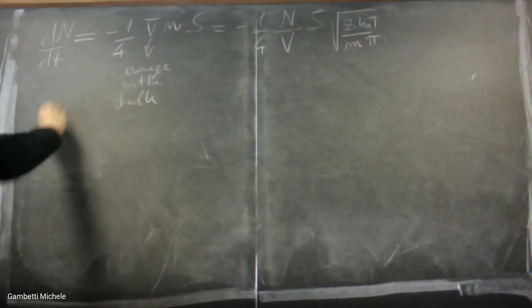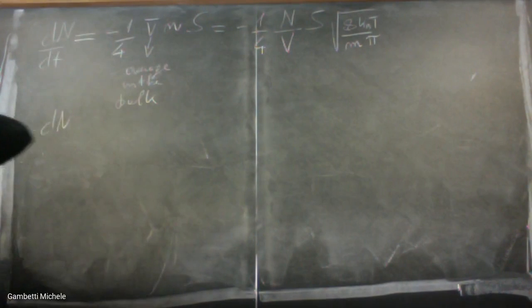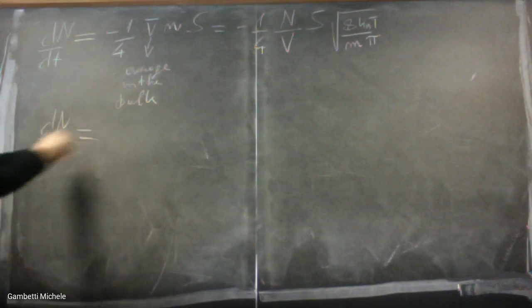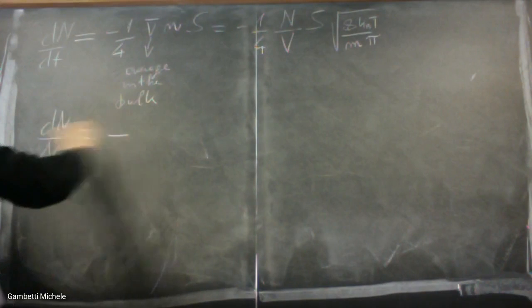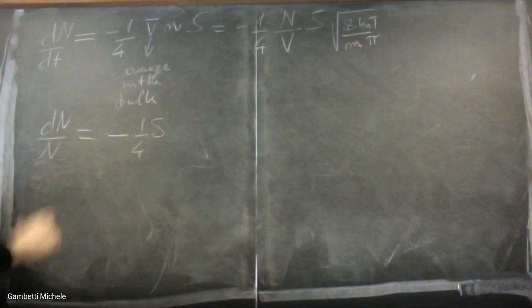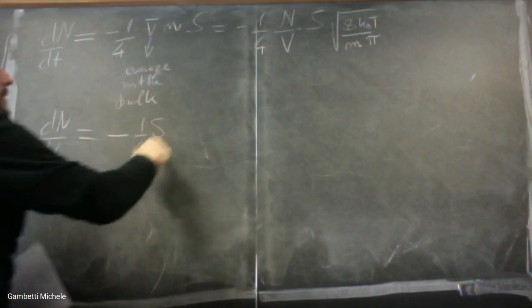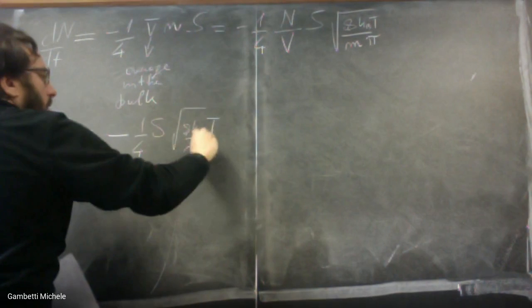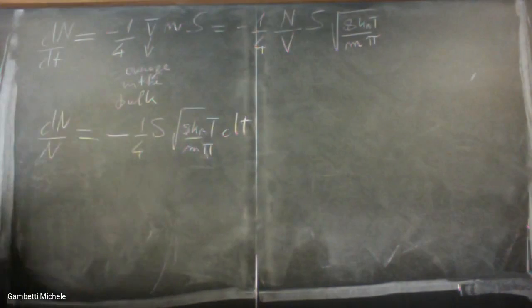So dn divided by n is minus 1/4 surface 8 kBt over m pi, and then I have here t.